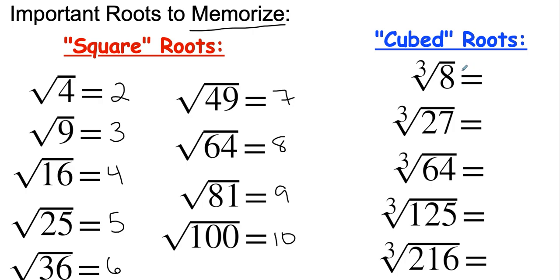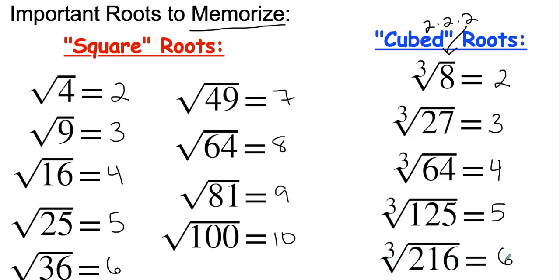Okay. Cube roots work a little bit different. This is what number times itself 3 times, because the index is 3, gives me an 8. So that is a 2, because 2 times 2 times 2 is 8. What number times itself 3 times is 27? That should be a 3. And then you can kind of guess, again, the pattern is 4, 5, and 6.